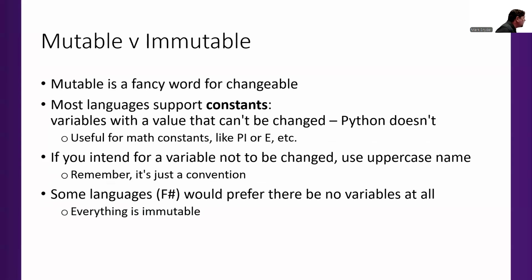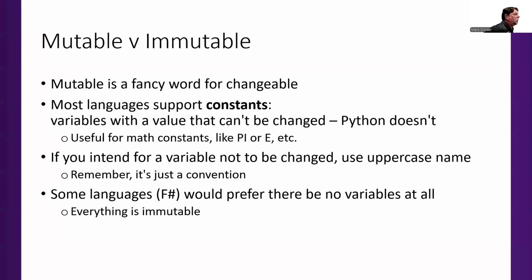Okay, more terminology, or I guess repeating the terminology. I mentioned this before, mutable versus immutable. Mutable is a fancy word for it can be changed. Immutable is the opposite, it can't be changed. We talked about constants, and they were talking about constant literals. Python doesn't really have constants.